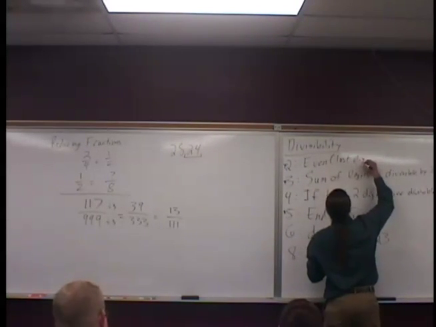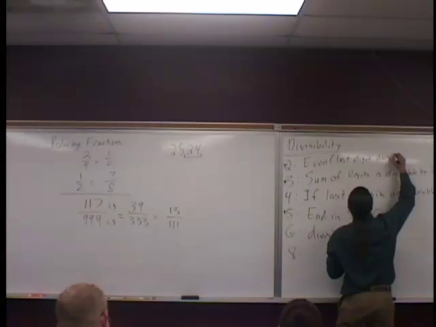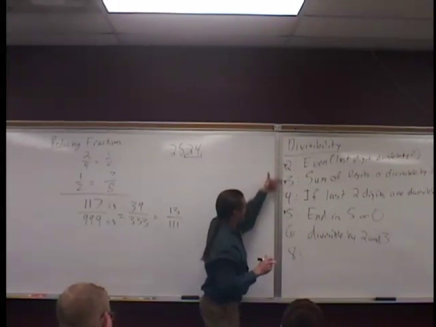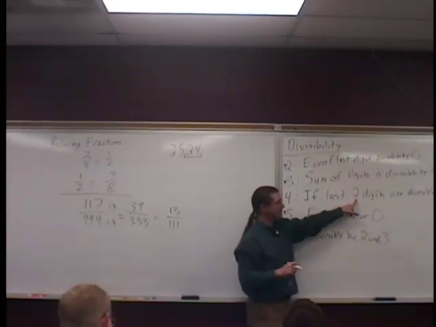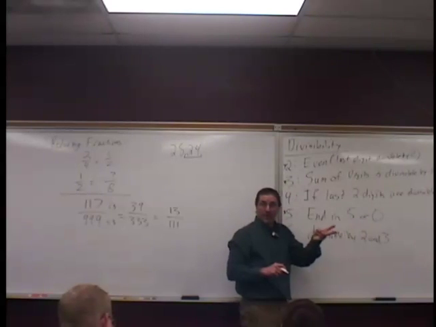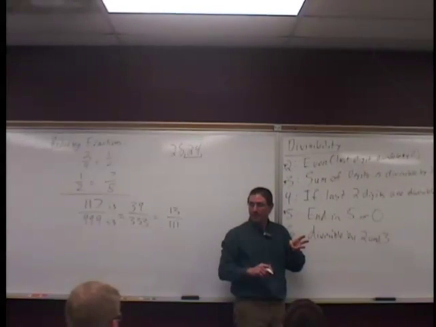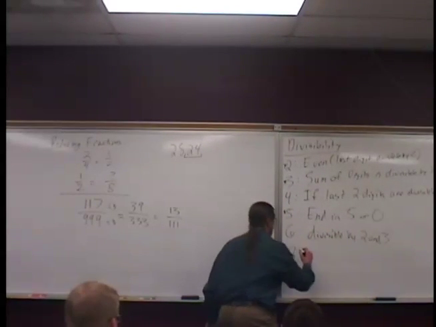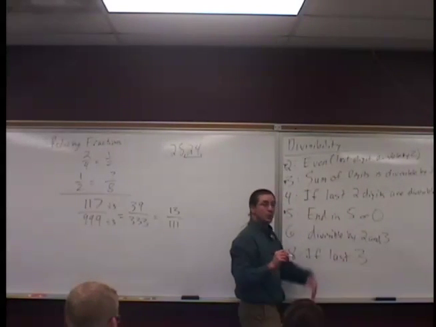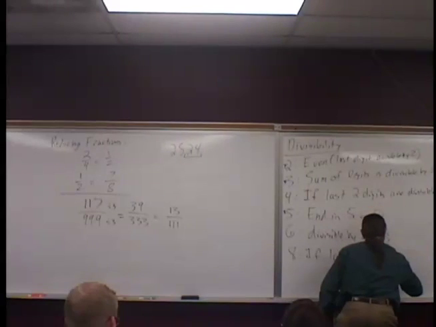Last digit divisible by 2. Notice what happens when you have 2 2's. What do you look at? You look at the last 2 digits. If you have 3 2's, guess what? You're going to use 3 digits.